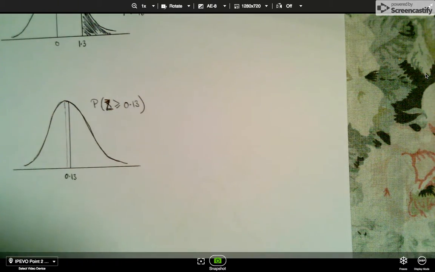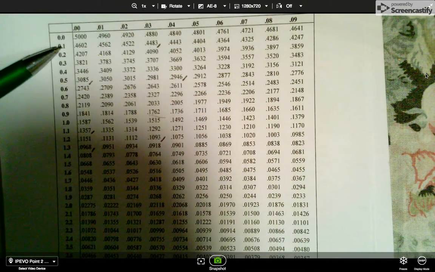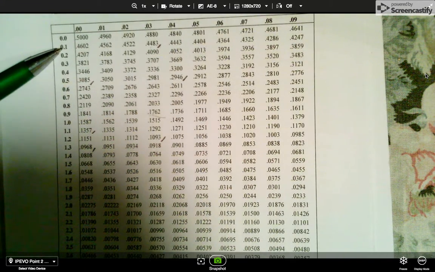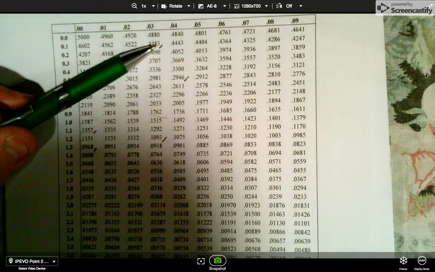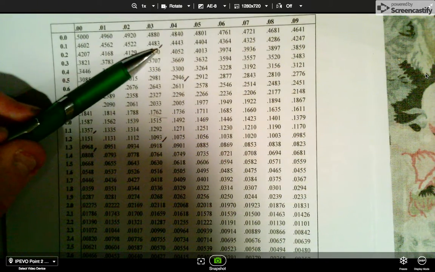For the next one, we want a z-score. What is the probability that z is greater than or equal to 0.13? So again, we'll look at our table. 0.13, here's 0.1, and we go across to 3. So this is 0.13, which is 0.4483.